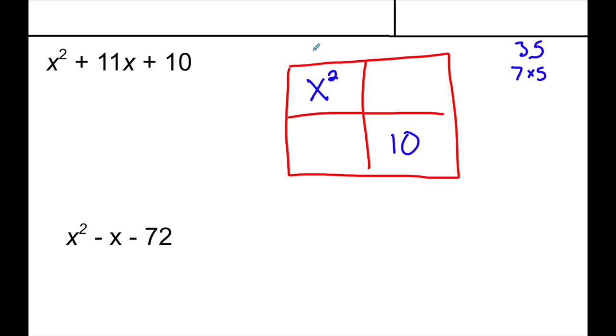So what we know is that this is going to have to be x and this is going to have to be x, because that's the only way you get x squared. Now we know that this number up top and this number to the left are both going to not have any x in them.